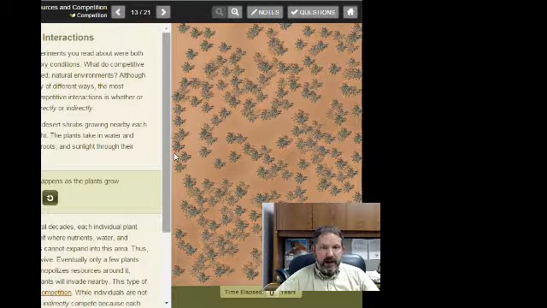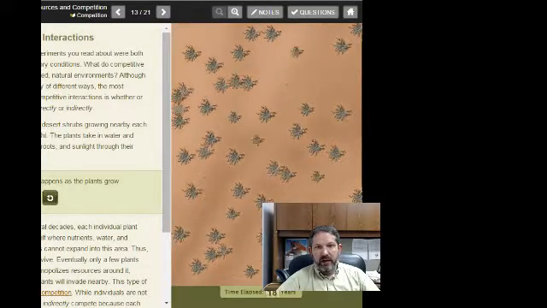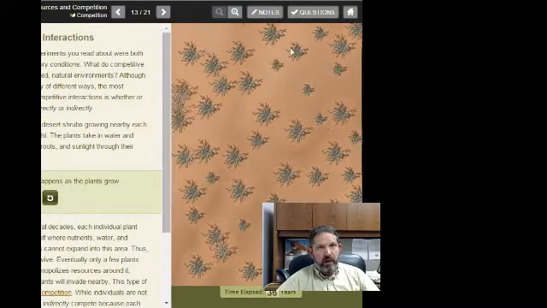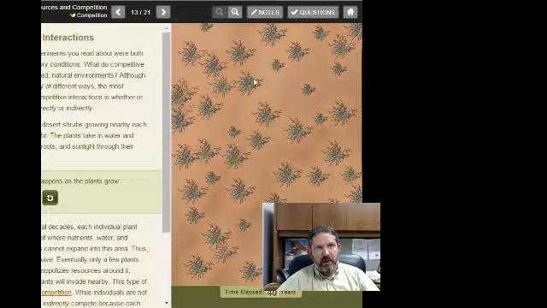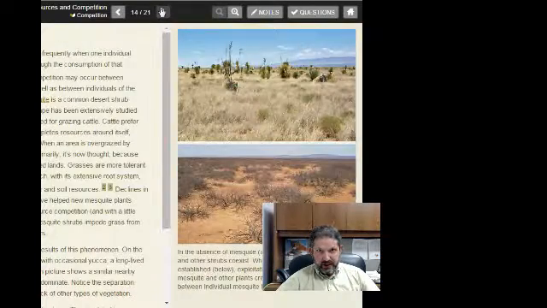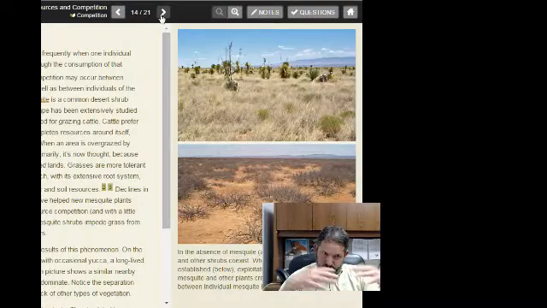Classifying competitive interactions. I know there was one question that somebody asked was interspecific versus intraspecific. And in this little scenario here, we're just looking at one type of shrub and it's competing with itself. Now, if you think about it, a species competing with itself, that's the most overlap.